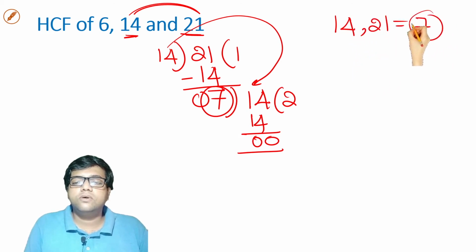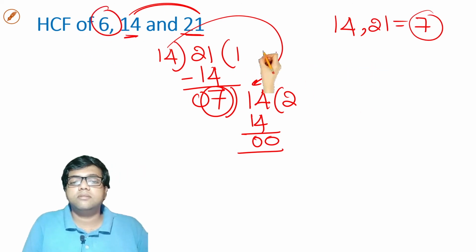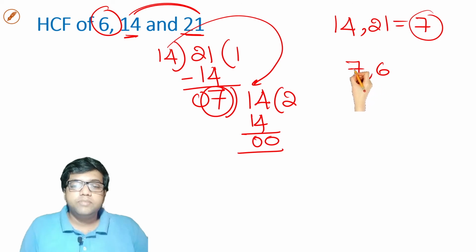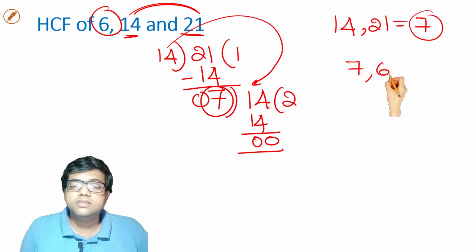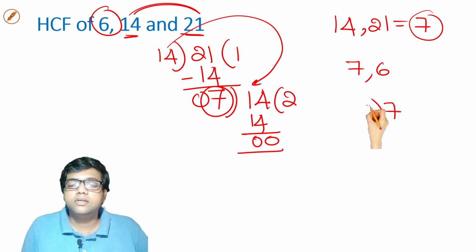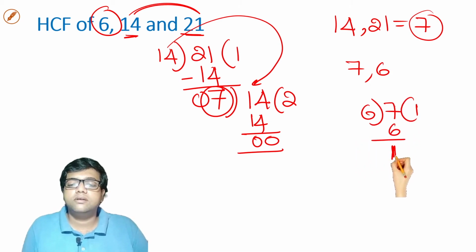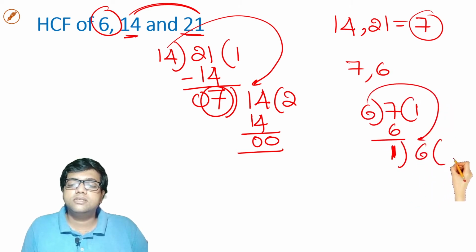So now 7 you got. The other remaining number is 6. Now we will find the highest common factor between 7 and 6. So larger number divided by smaller number. 6 ones are 6. You are left with remainder 1. Take up this number again. 1 sixes are 6.